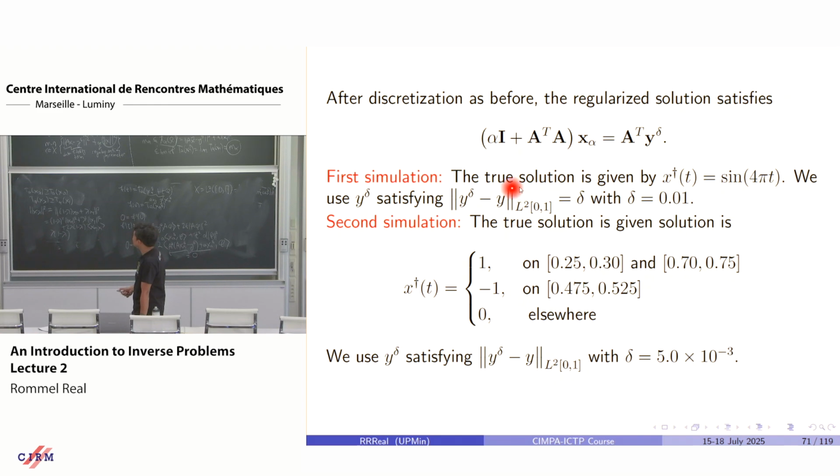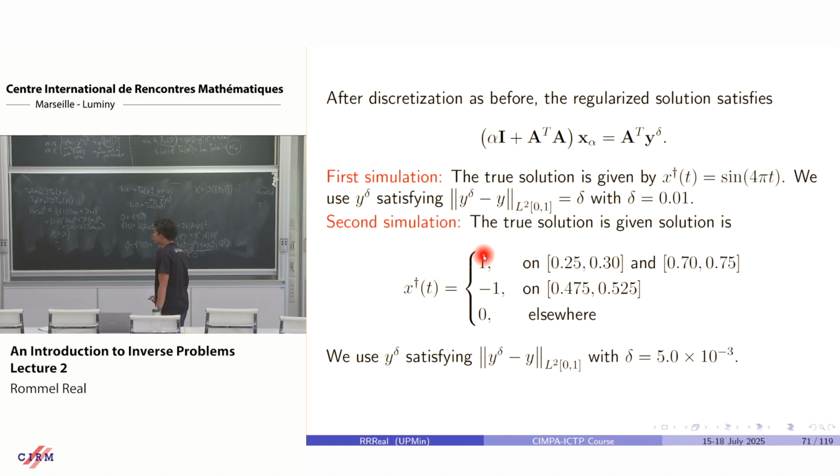In the first simulation, let's consider the true solution is given by this smooth solution in terms of sine. And we use y sub delta satisfying this one, where delta is 0.01, which is the noise level. For the second solution, we have a non-smooth solution, which is piecewise constant.